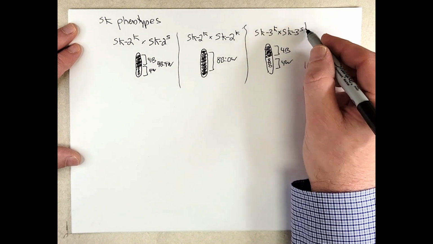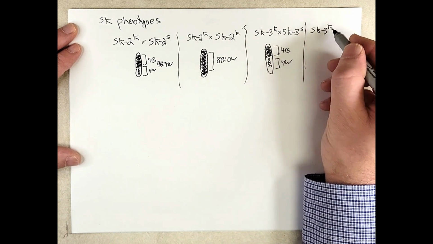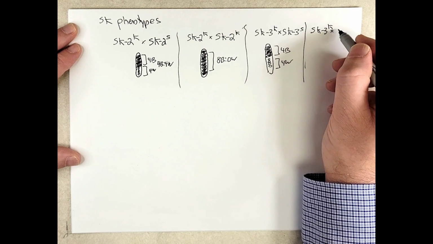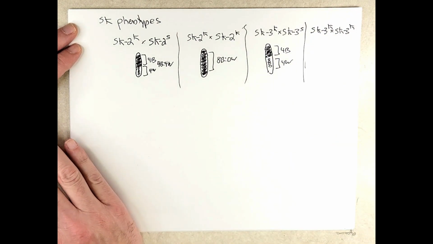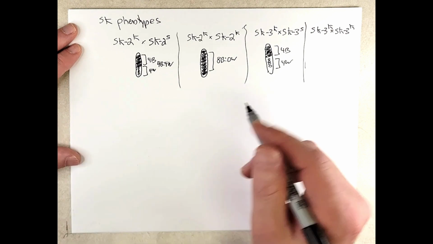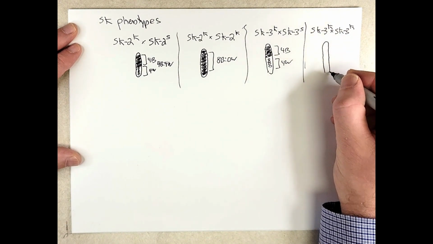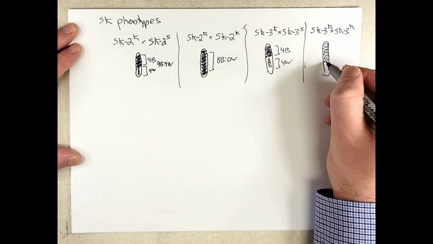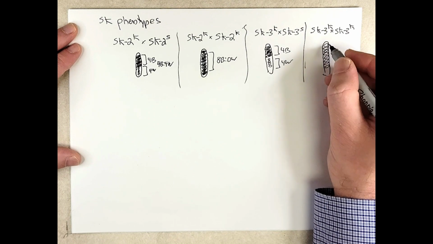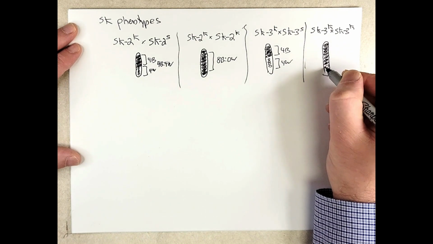Now, for completeness, we will take a look at what we see when we cross SK3K to SK3K, so two SK3 spore killers crossed to one another. And again, if they are opposite mating type, we can do this. What Turner and Perkins saw is 8 black viable ascospores.